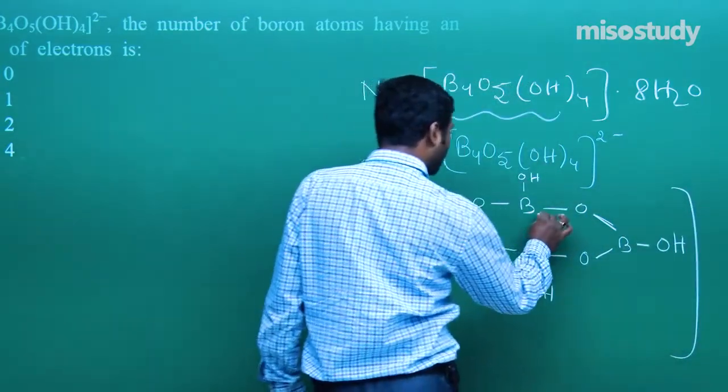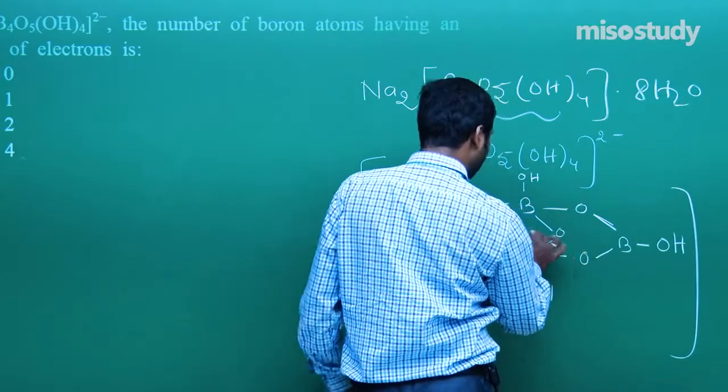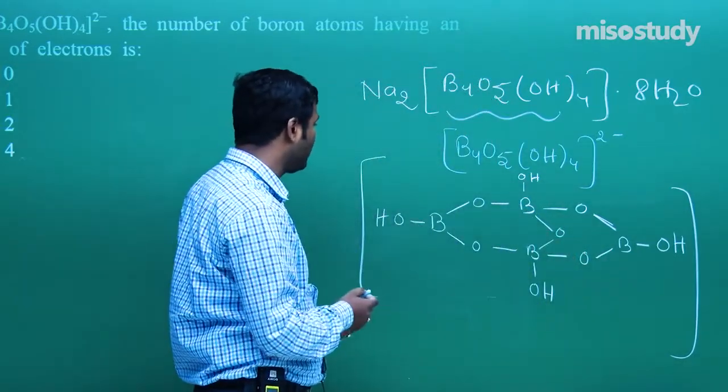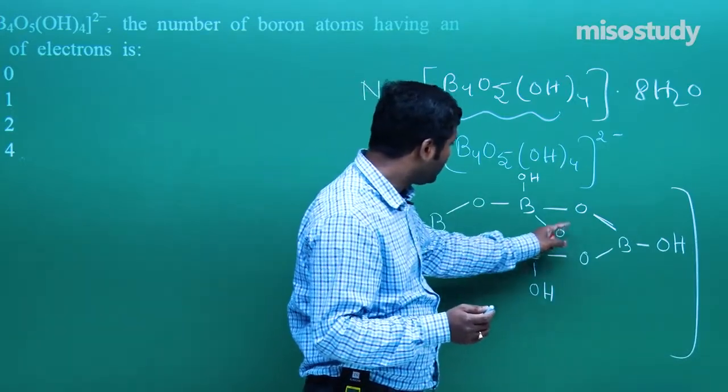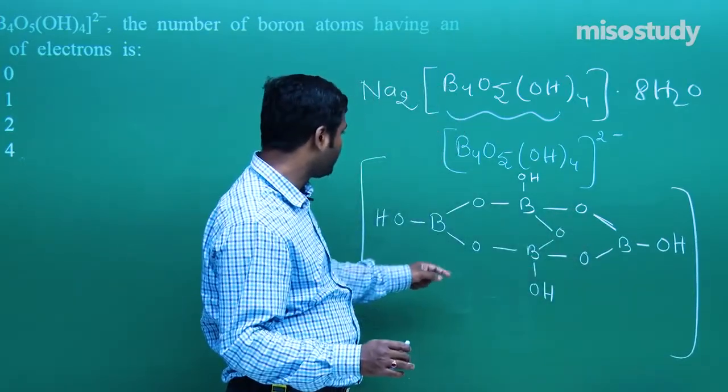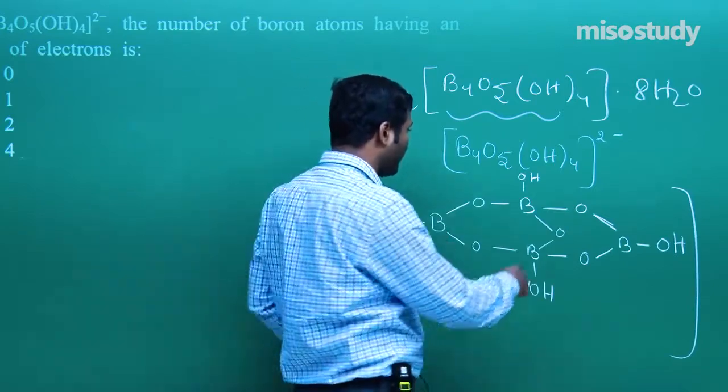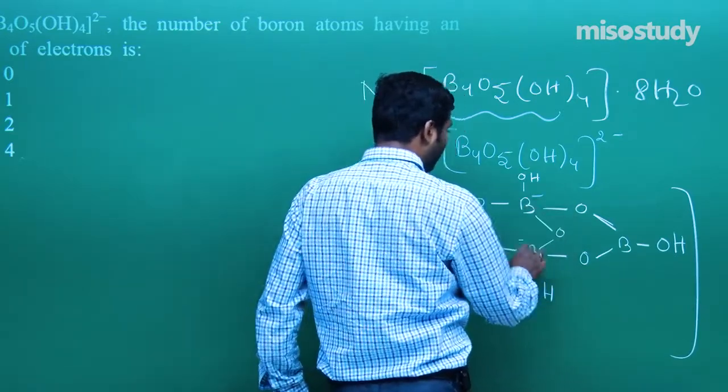Clear? Now one more thing I have to mention here. This one is O and this one is O. Check it out, B4: 1, 2, 3, 4. Oxygen: 1, 2, 3, 4, 5. B4O5(OH)4, 1, 2, 3, 4. 2 minus, you can put minus here.